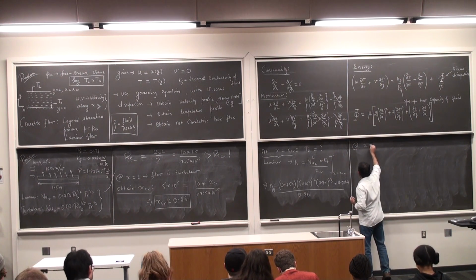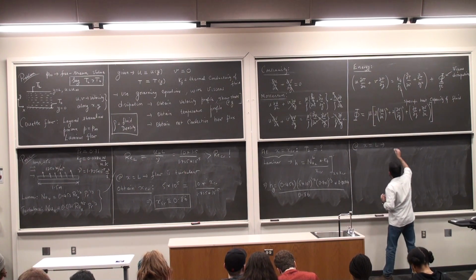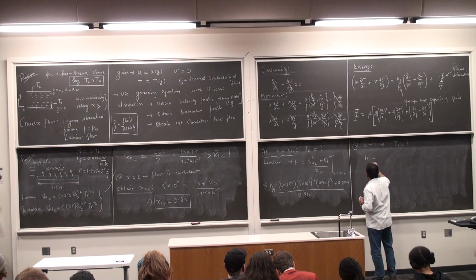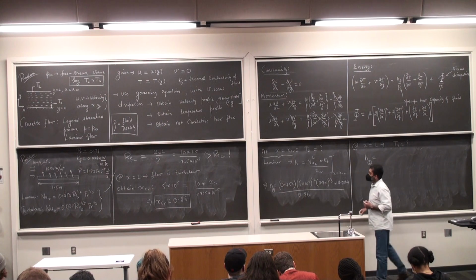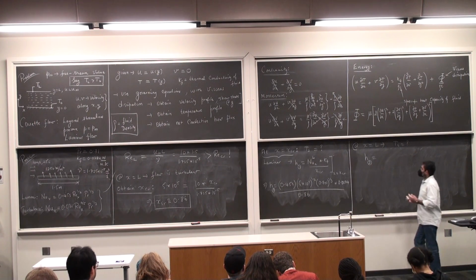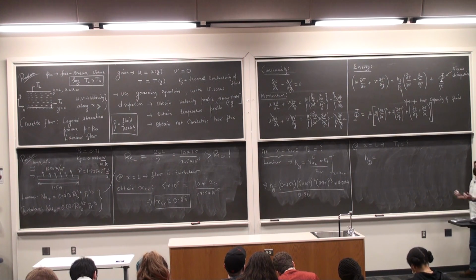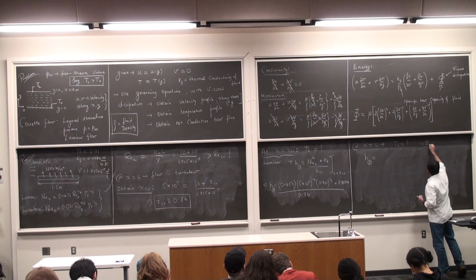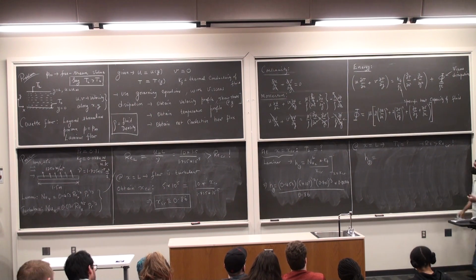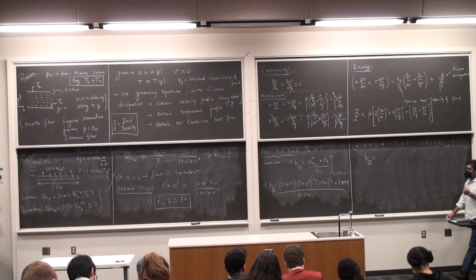At x is equal to L. So H at location 2, so this is location 1. We know that at x is equal to L, the Reynolds number is greater than the critical Reynolds number, which means that I have to use the turbulent correlations.